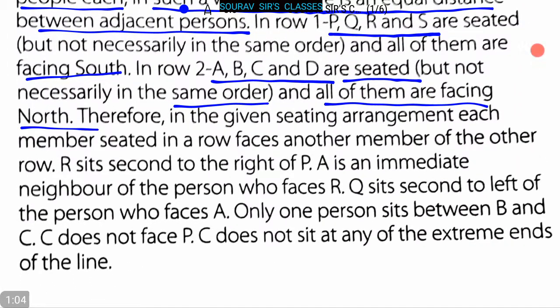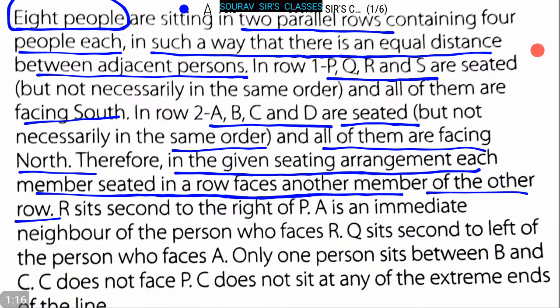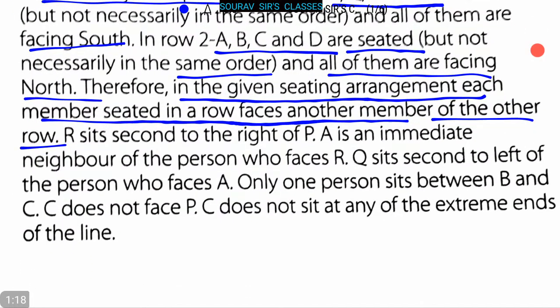Now, in the given seating arrangement, each member seated in a row faces another member of the other row, because in row 1 they are facing towards south, and in row 2 they are facing towards north. Now R sits second to the right of P.